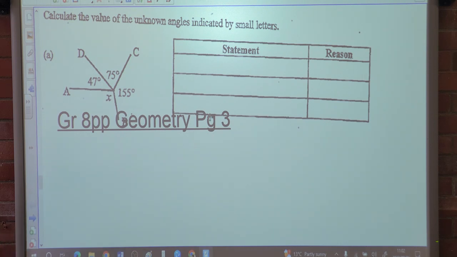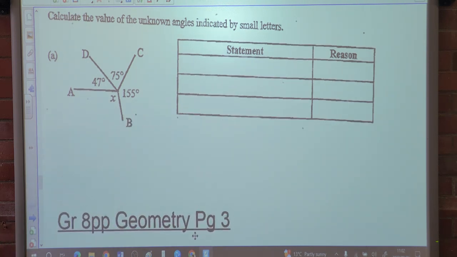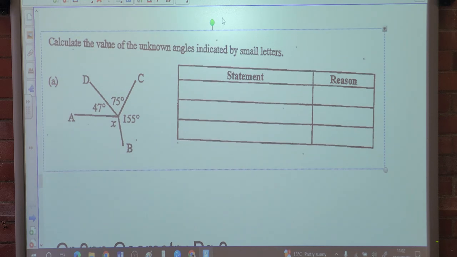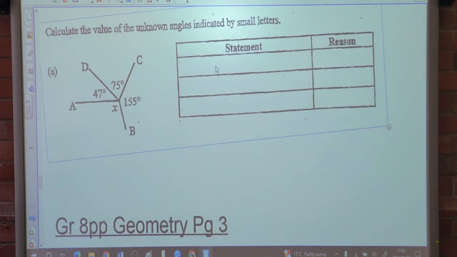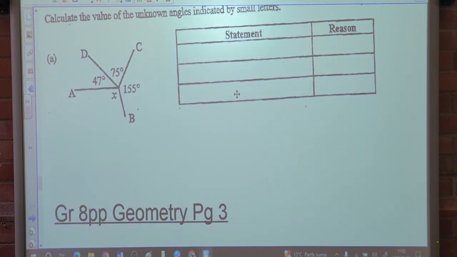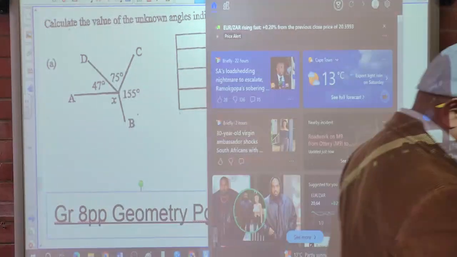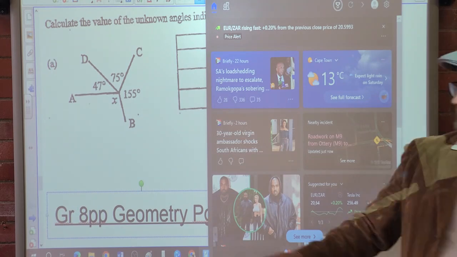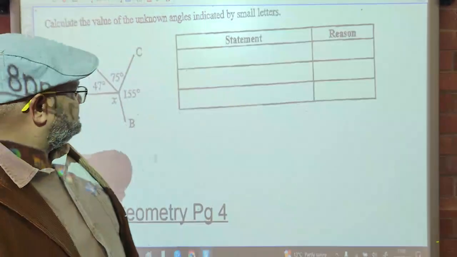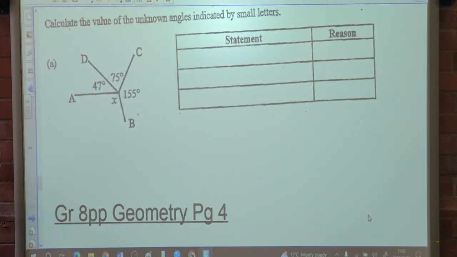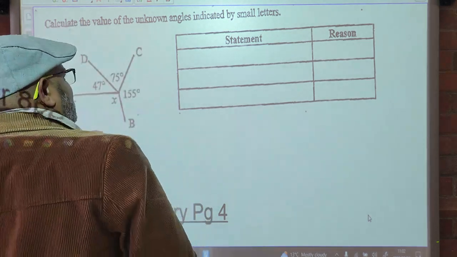So we're on page 3 now. Alright, so now we're on page 4. Right, page 4. Calculate the value of the unknown angles indicated by small letters.